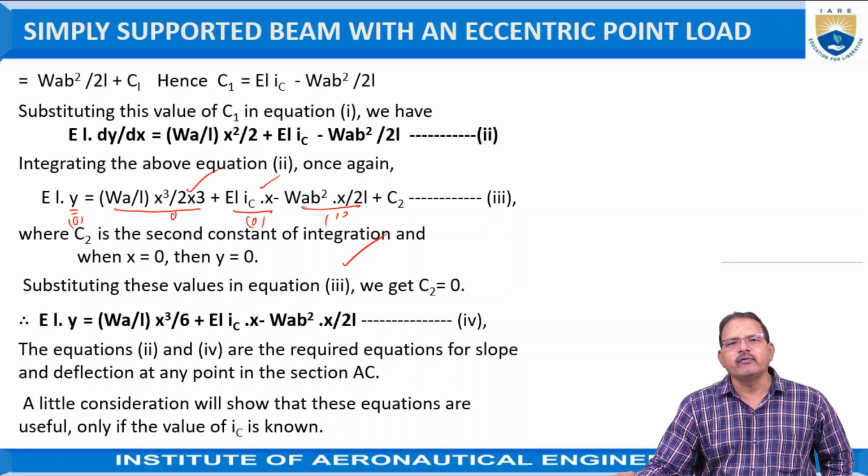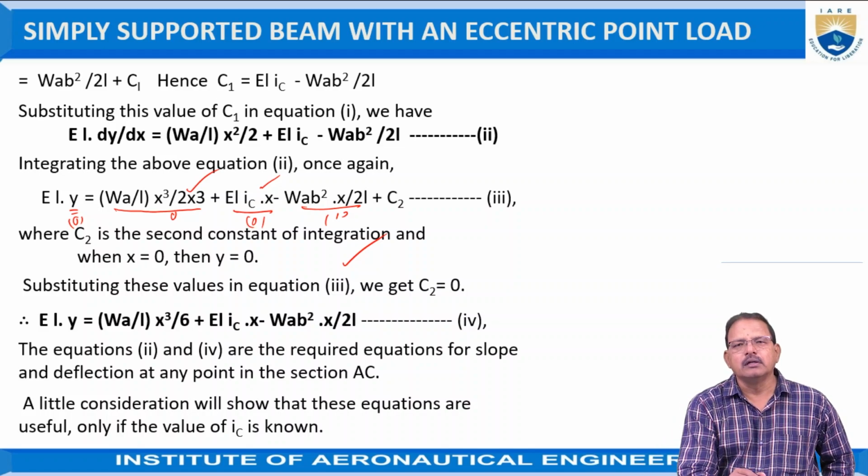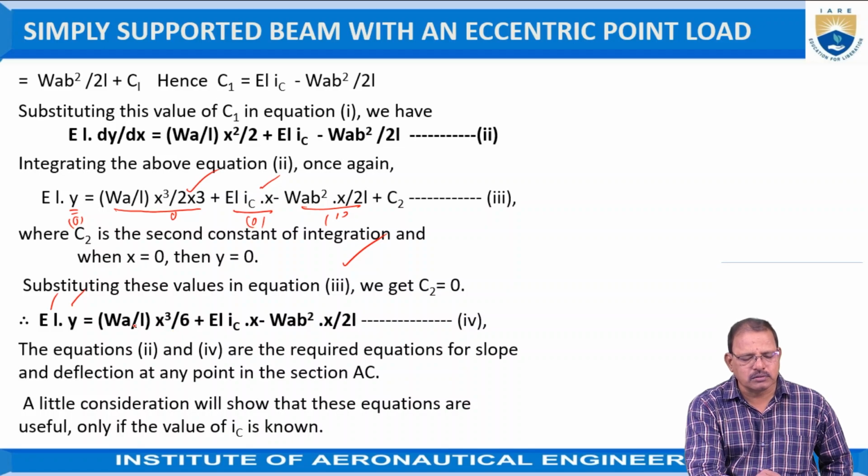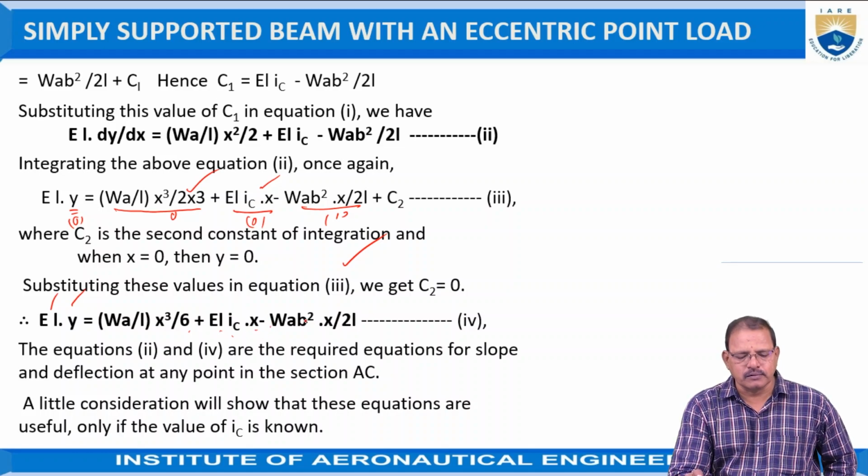So the modified equation for the deflection of the beam is EI into y is equal to WA by L x cube by 6 plus EI into IC into x minus WA B square into x divided by 2L.